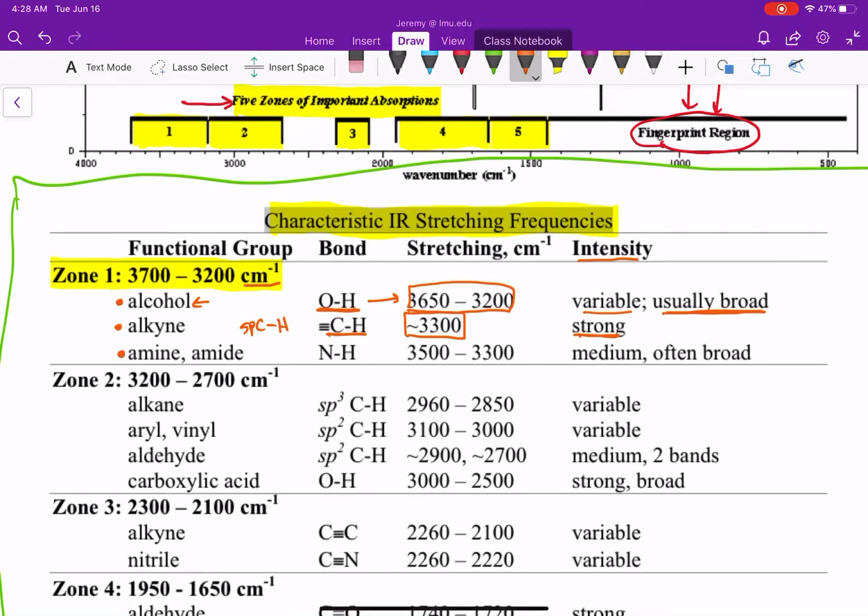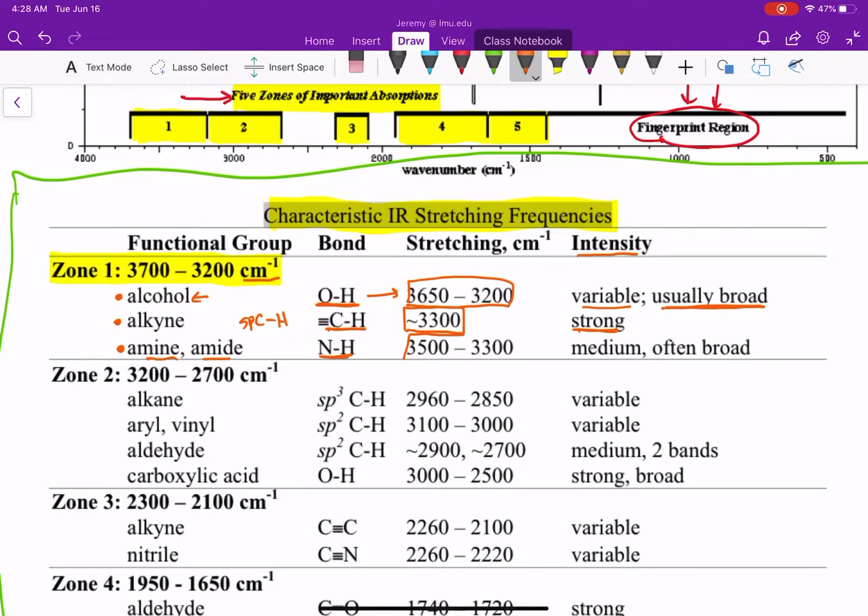The last bond we need to look at is an NH bond, which can be found in amides or amines. An NH bond will absorb in this same zone, between 3,500 and 3,300 wave numbers, and again, those are often broad. So in zone 1, there are three bonds we'll be looking for: an OH, an sp carbon to H, and an NH, and they can come at the wave numbers shown here.